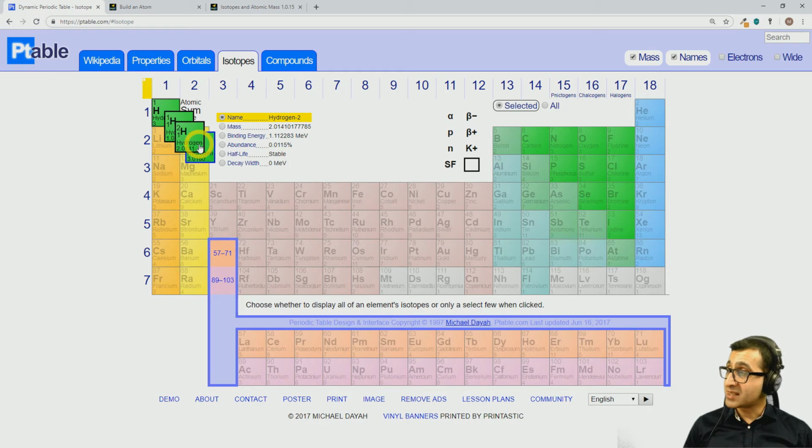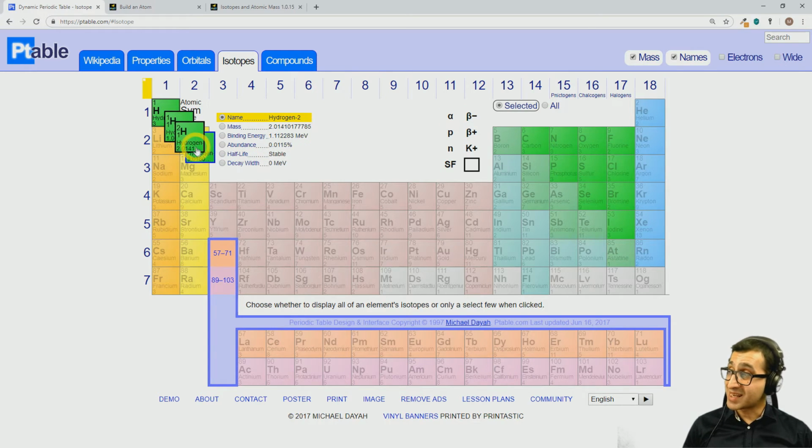So this is very, very important. Now the majority of that is deuterium with an abundance of 0.0115%, and tritium does exist, but it's in incredibly tiny quantities, even smaller than that. And so effectively, for the purposes of the precision being shown in these decimal places, it's effectively 0.